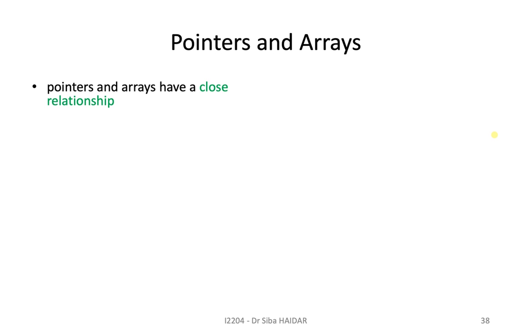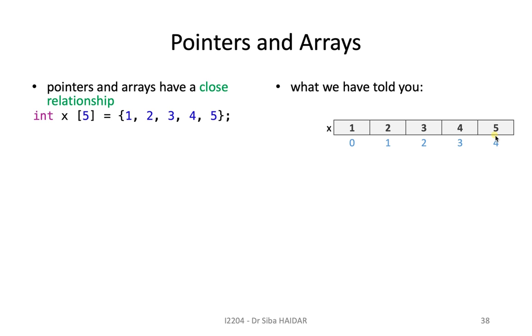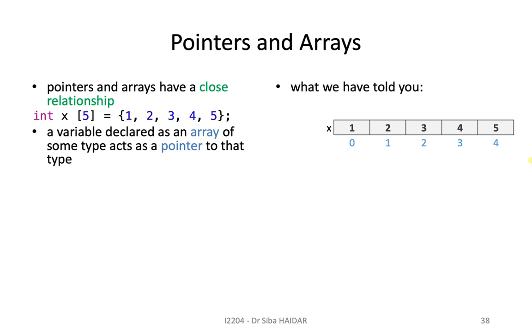Pointers and arrays have a close relationship. If I declare x of 5 elements equal 1, 2, 3, 4, 5, what we have told you is that you can represent it as follows: x with an array index from 0 to 4 and containing the 5 elements.